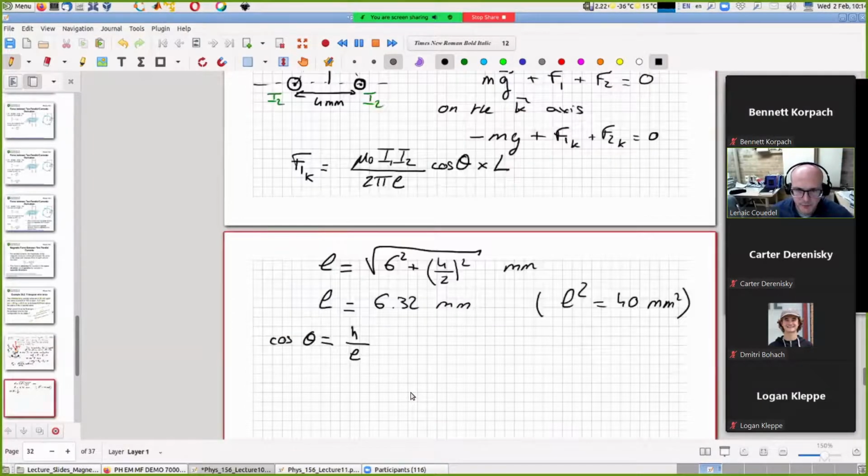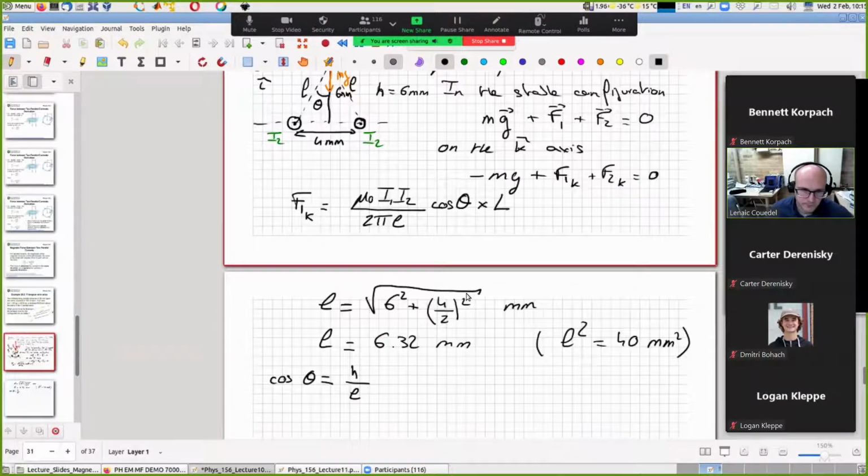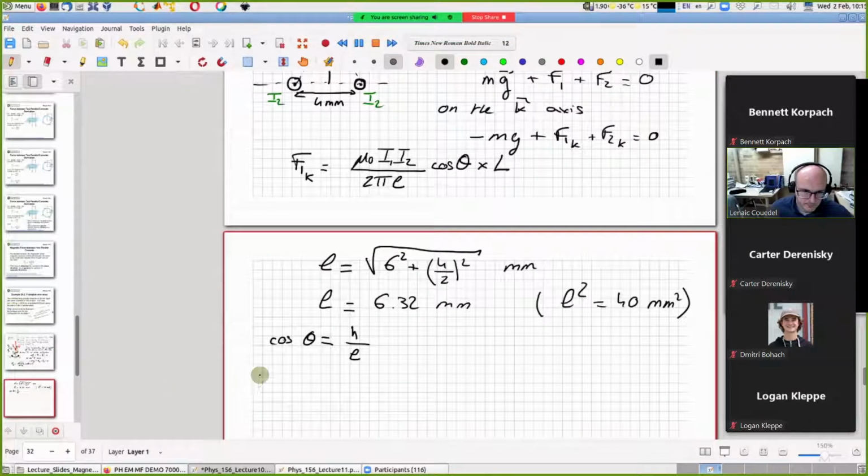So now we have everything. So we don't need to calculate this force here because by symmetry it's exactly the same when you make the projection on the k-hat direction. Same current, same distance, so same magnitude of the force and same angles. So at equilibrium, we must have mg, which is the weight, is equal to 2 times the force we just calculated.